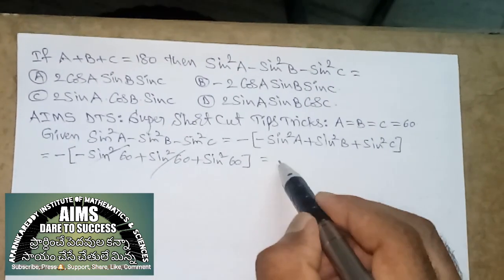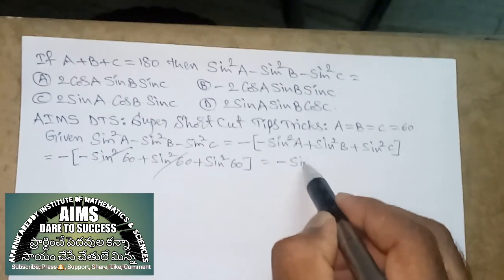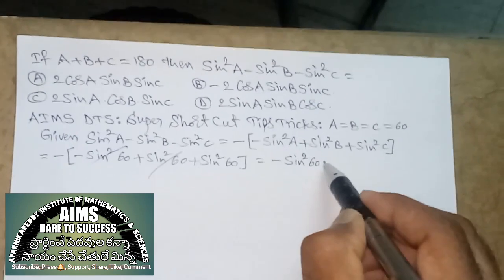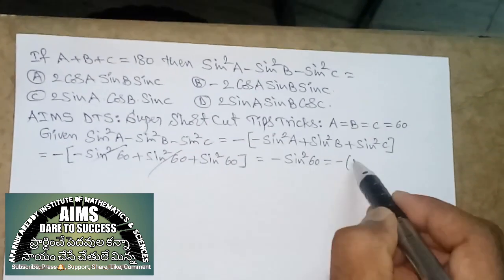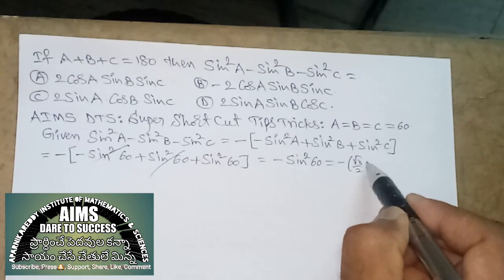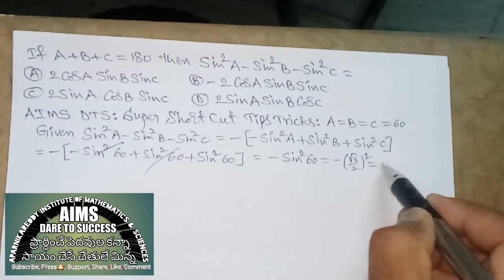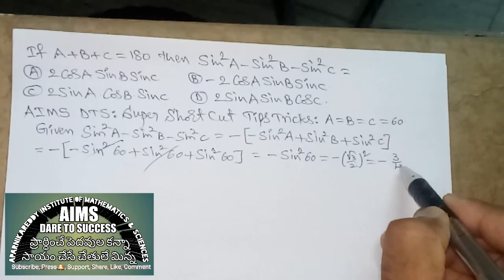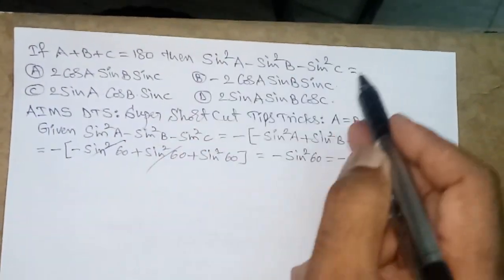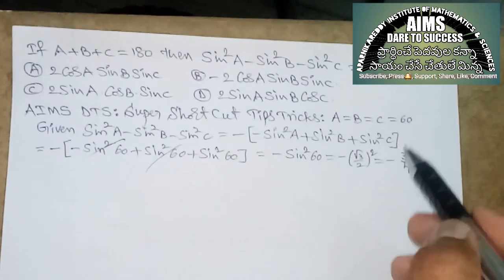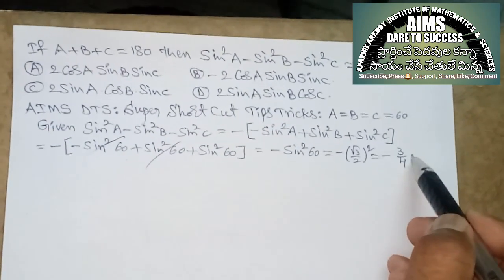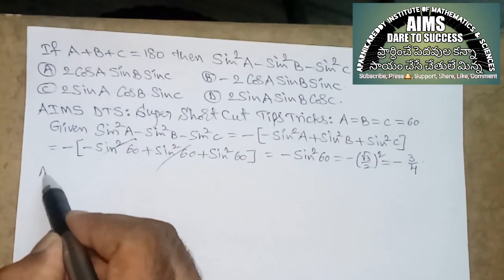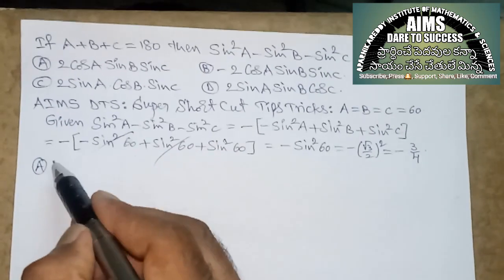The remaining value is minus outside as it is, and inside, sin square 60 is equal to minus, sin 60 value root 3 by 2, whole square, which equals minus root 3 into root 3, that is 3, divided by 2 twos are 4. So according to the given question, sin square A minus sin square B minus sin square C, we are getting minus 3 by 4. After that I am going to the option verification method.